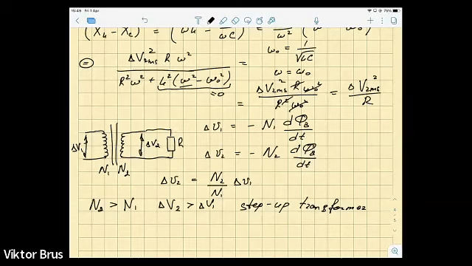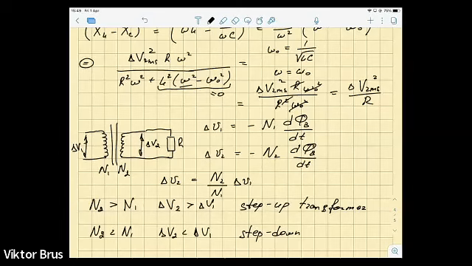We need to increase voltage, so we use step up transformers. Then if N2 is smaller than N1, delta V2 is smaller than delta V1, and this is a so-called step down transformer.